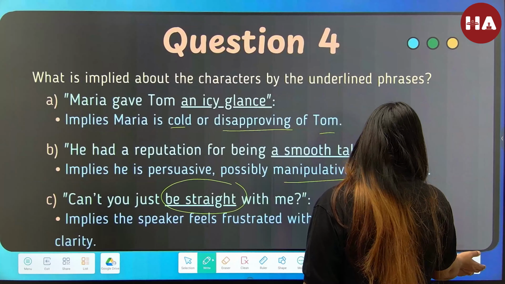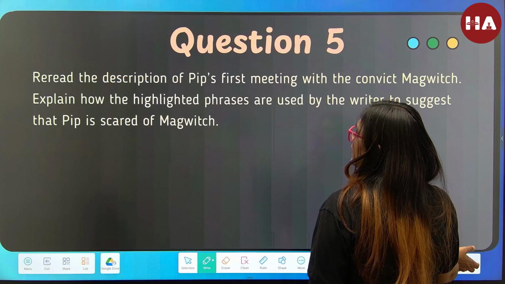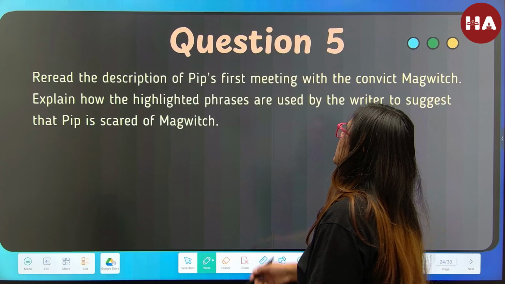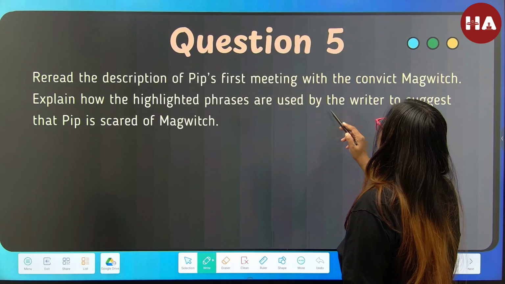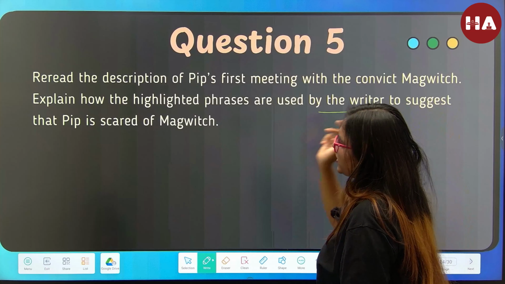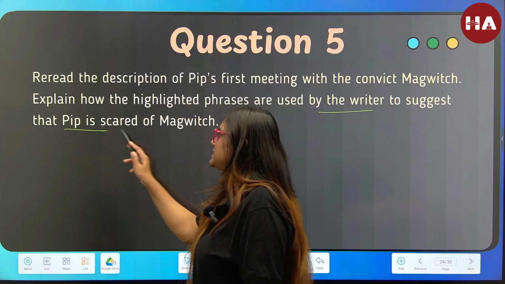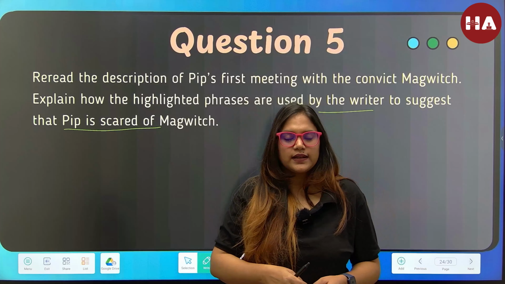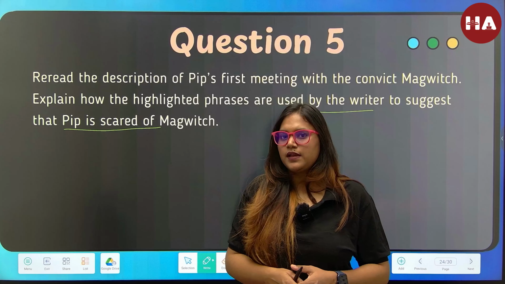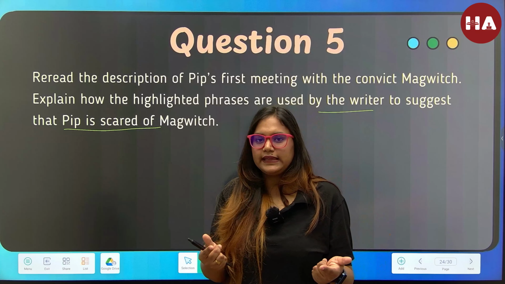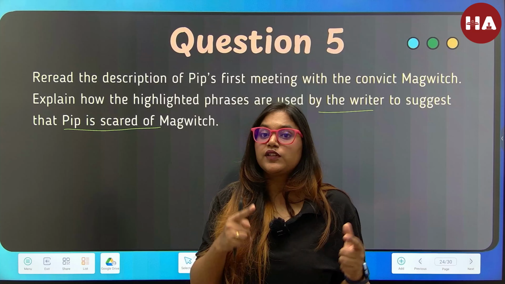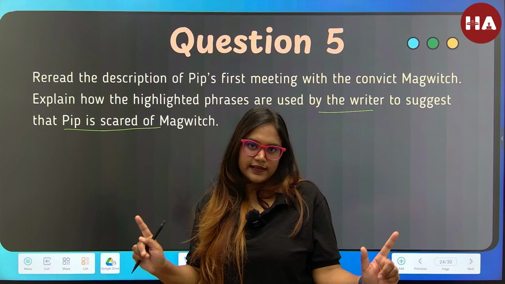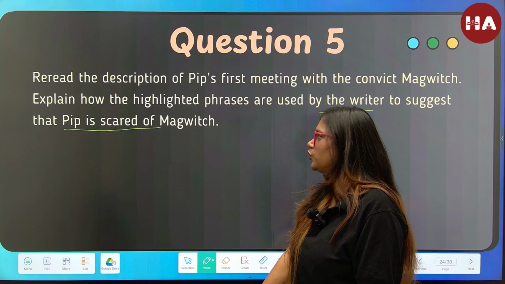So you are to reread the description and explain how the highlighted phrases are used by the writer to suggest that Pip is scared. How did you get to know that, when you read the extract for the first time, you quickly got the idea that Pip is scared of the other character, who we all know is Magwitch?